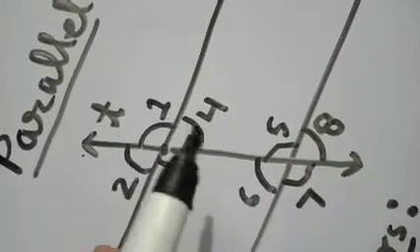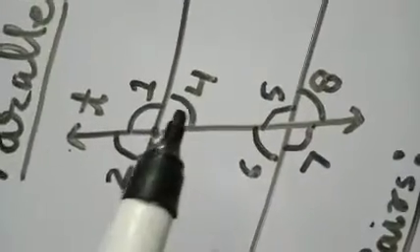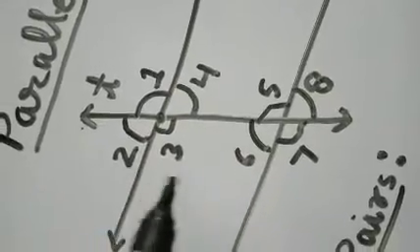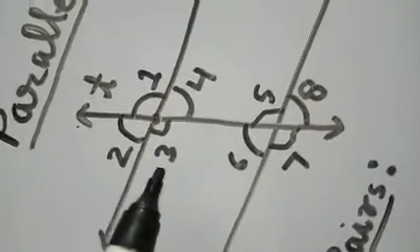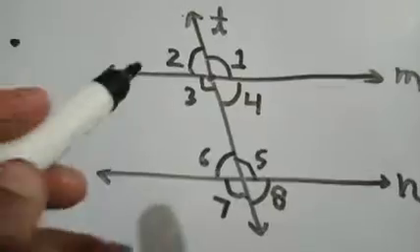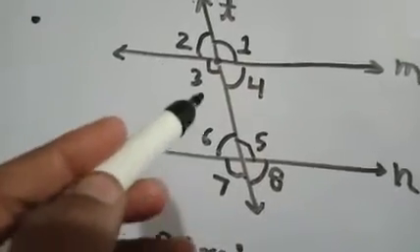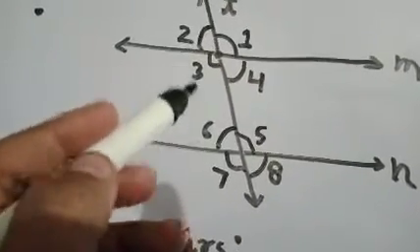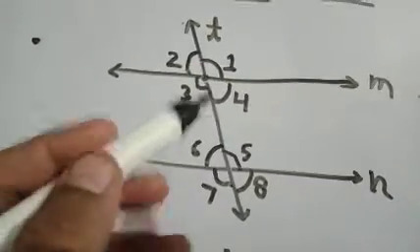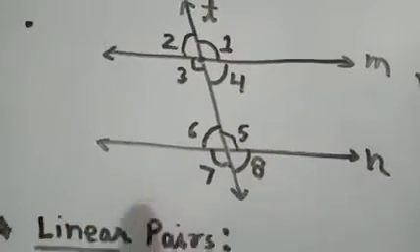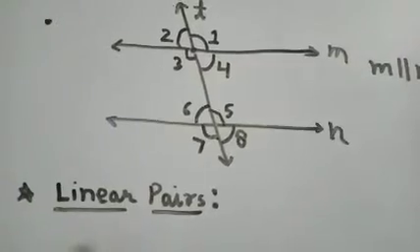So angle 1 and 4 are a linear pair. Similarly, angle 3 and 4 on the downward side of line M, and angle 2 and 3, the sum is also 180 degrees along with line T. So such pairs are said to be linear pairs.